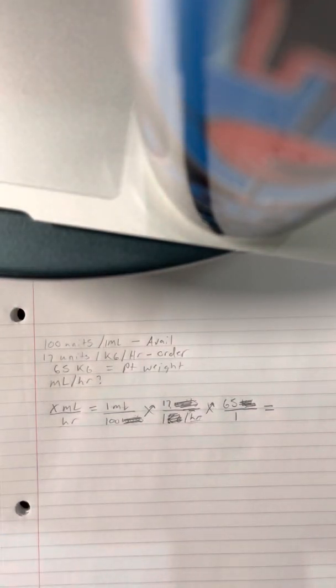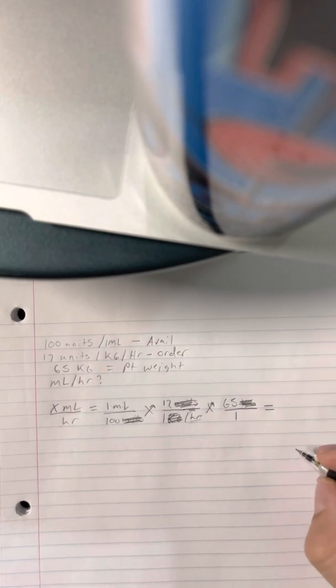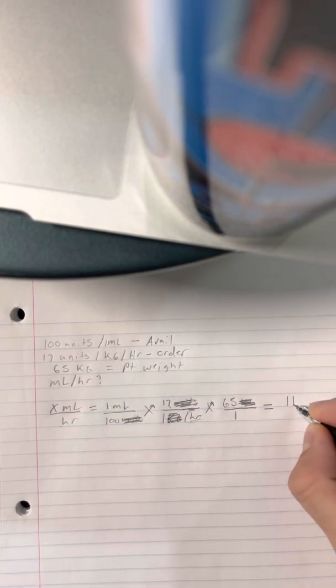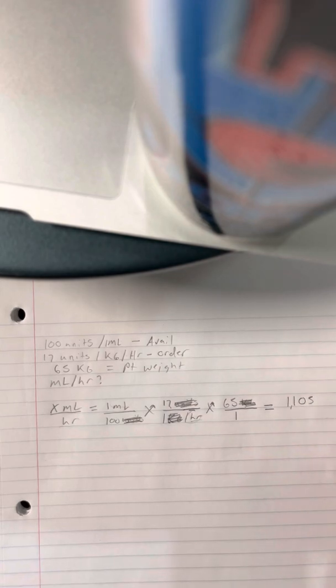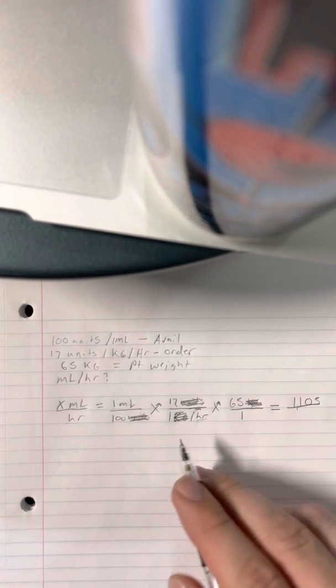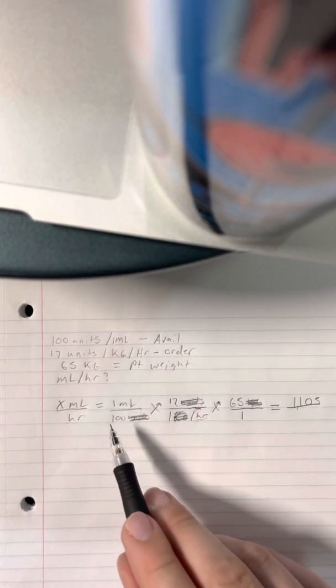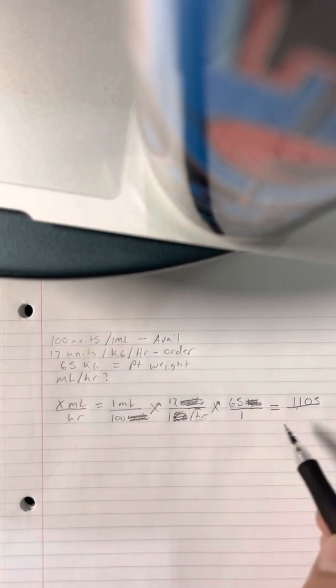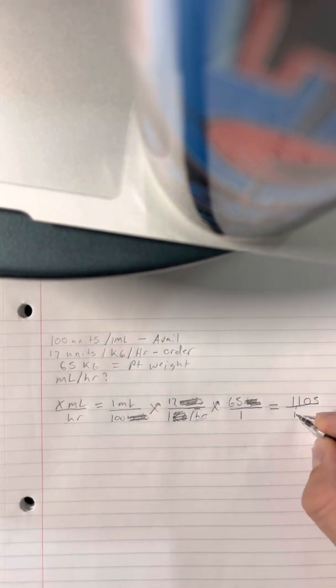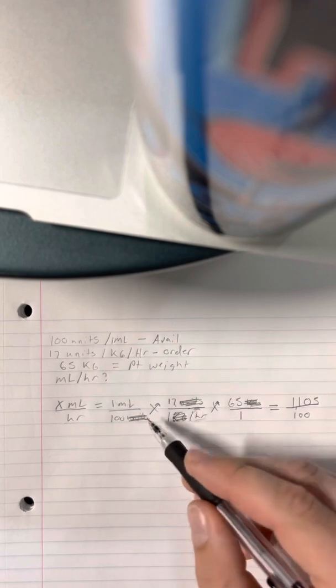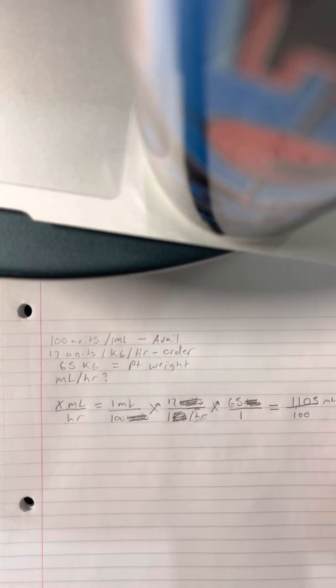Let me pull up my calculator here. What's 17 times 65? The answer is 1,105 over. So now we're going to do 100 times 1 times 1. That's going to be 100. Carrying our labels over, mL, and this is HR.